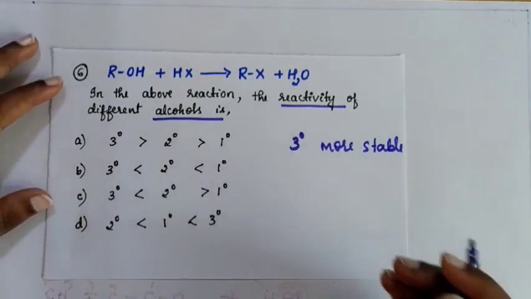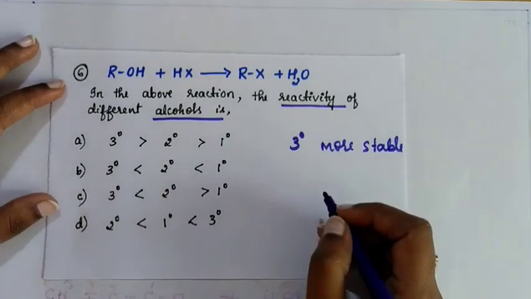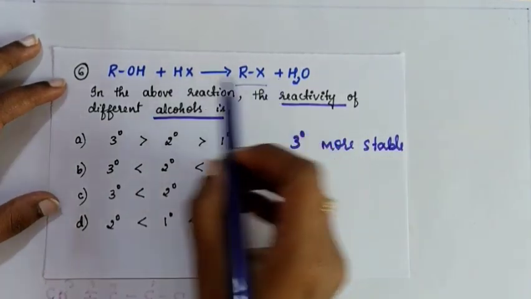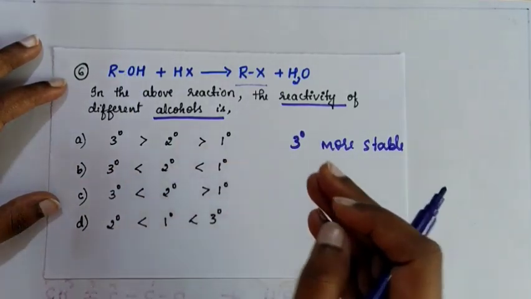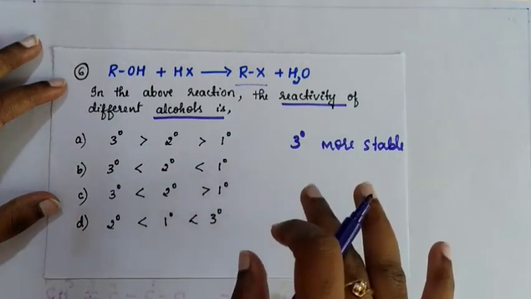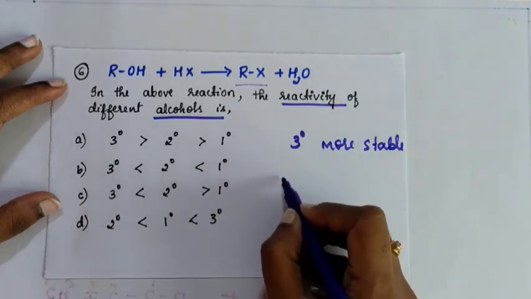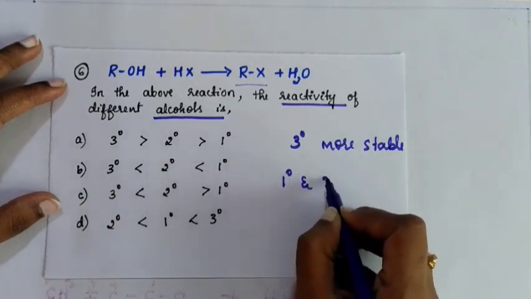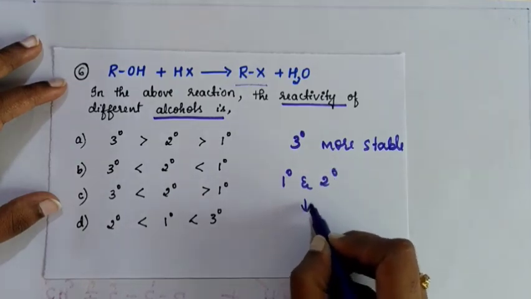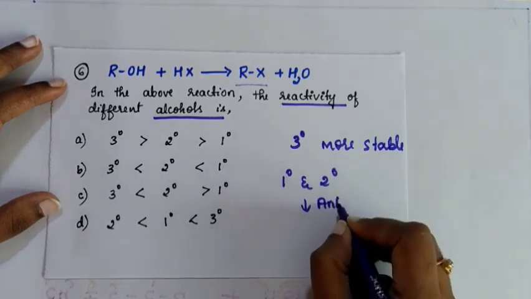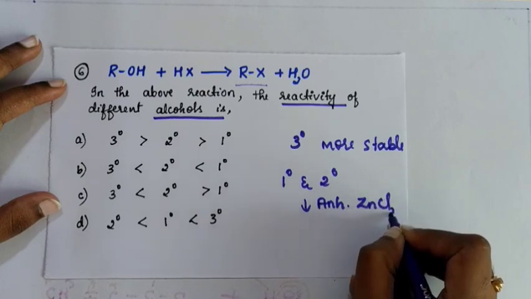And we have already discussed in the preparation of haloalkanes using alcohol that tertiary alcohol reacts easily in this process because when you use primary and secondary, you also need to use a catalyst like anhydrous zinc chloride.